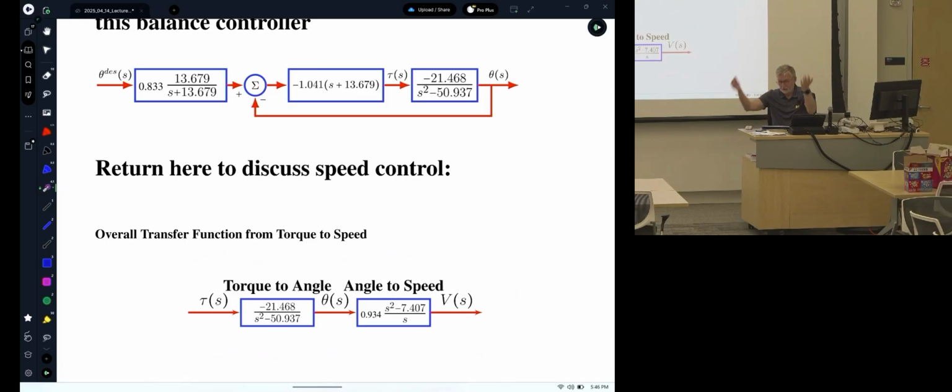Calculus is computing Laplace transforms, transfer functions, etc. Feedback control is analyzing G over 1 plus G, and then understanding when you can take one compensator, multiply times another, and do a deliberate pole zero cancellation. Only when you have a stable pole. The pole here is minus 13 in the left half plane.